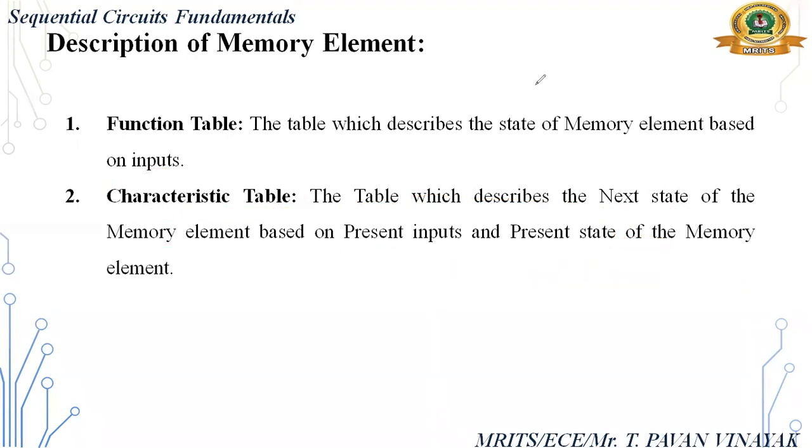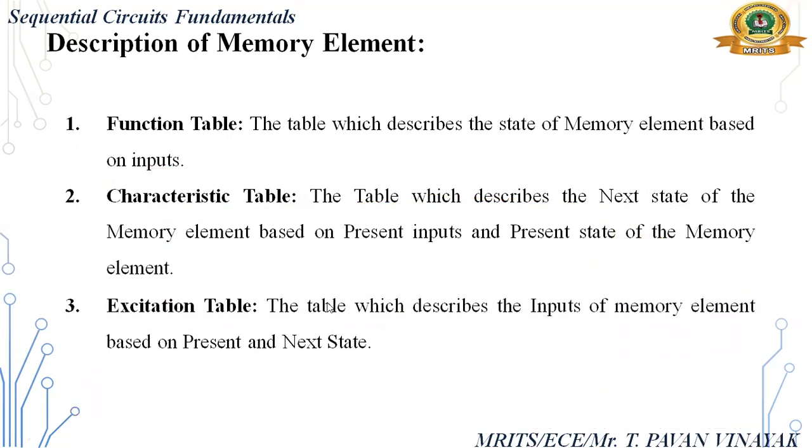Next, the third one is the excitation table. The table which describes the inputs of the memory element based on present and next state. Means present state is red color and next state is yellow. Then what is the input? Everyone should be ready to move, right?